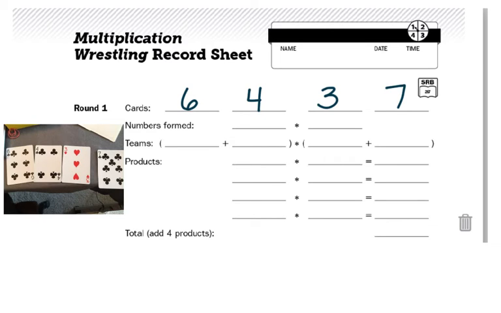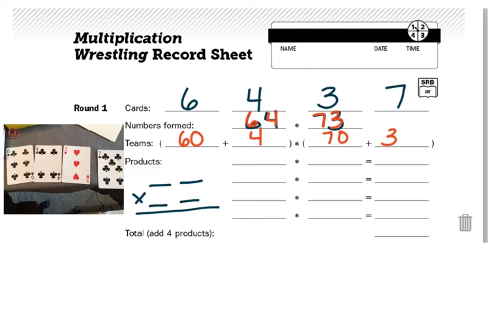I'm going to use 64 times 73. Now, we have been working on extended multiplication facts. So in order to make this a little bit easier, I'm going to think of 64 as 60 plus 4. I'm going to think of 73 as 70 plus 3.